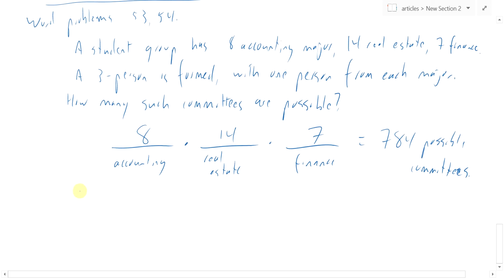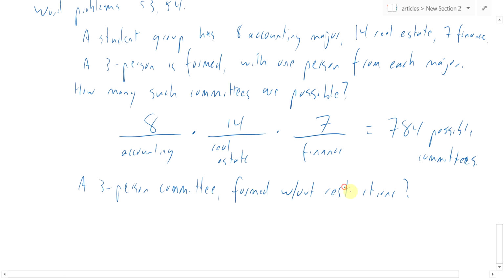Suppose you want a 3-person committee now, formed without restrictions about who's on it.